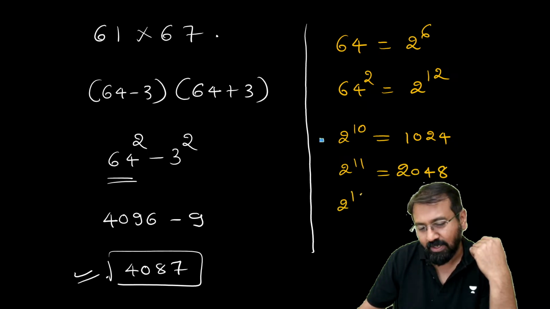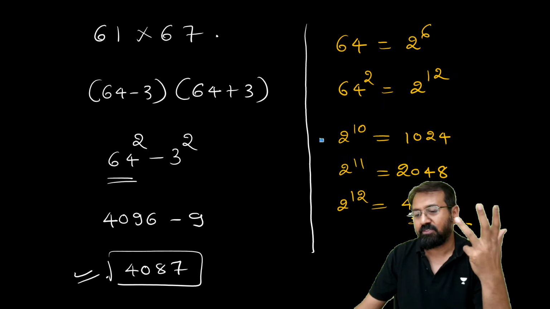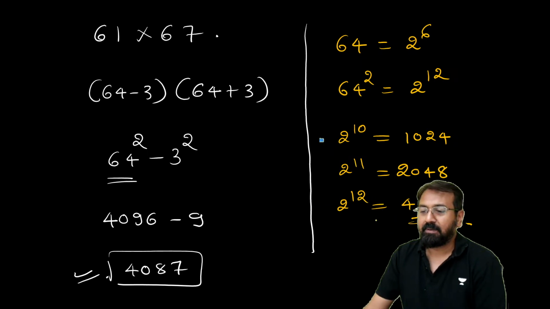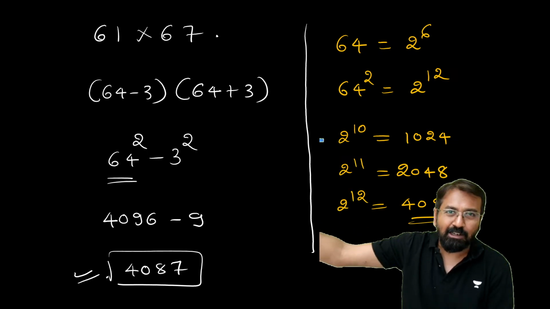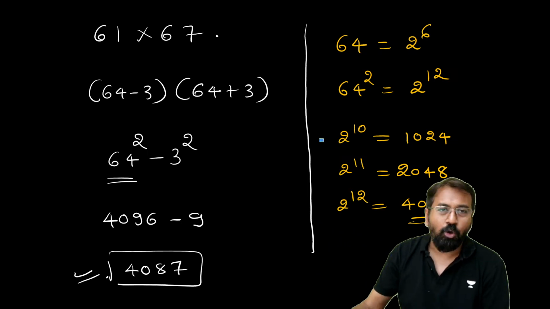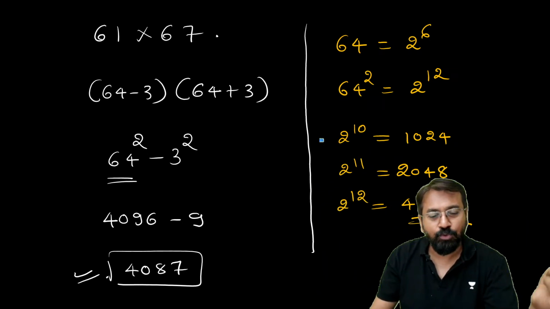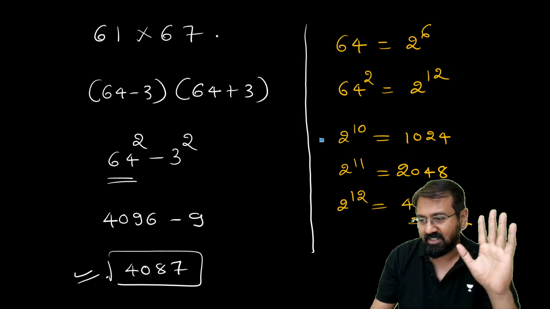And 2 raised to 12 is double of that, 4096. So this is another way of getting 64 square. If you know those powers of 2, you can quickly calculate such squares. Otherwise, you can normally calculate 64 square: 4 square is 16, then 24 plus 14 is 39, and 1 carried over. So 4096. Are we clear, guys?